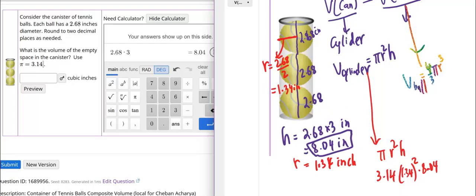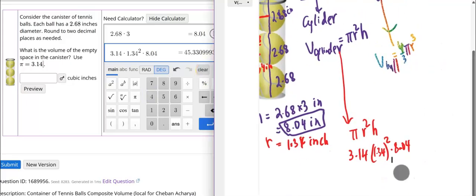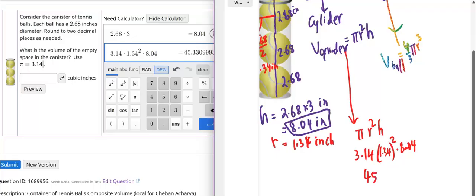Okay, let's put that in the calculator. 3.14 times 1.34 squared times 8.04. So that gives you 45.33 inches cubed. That's the volume of the cylinder.